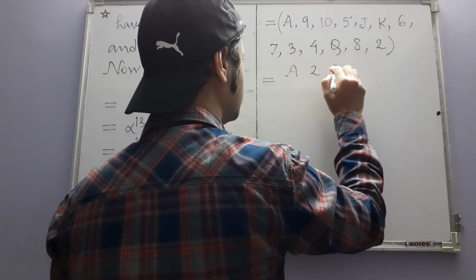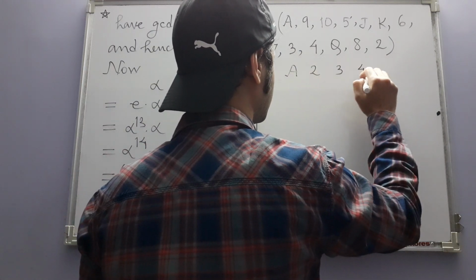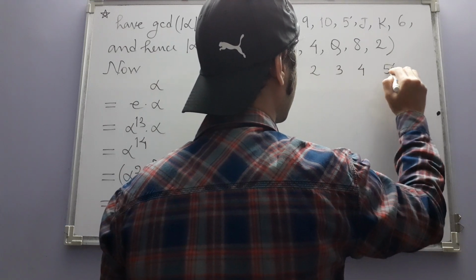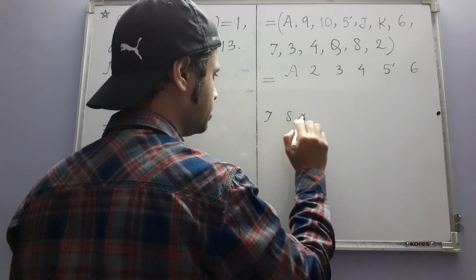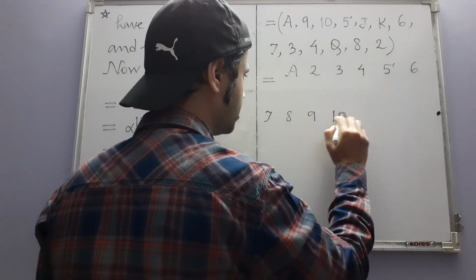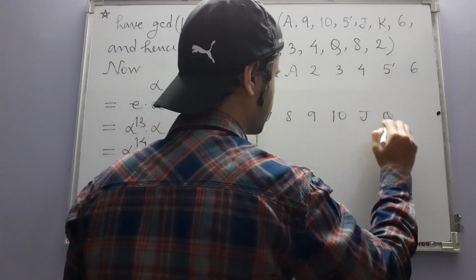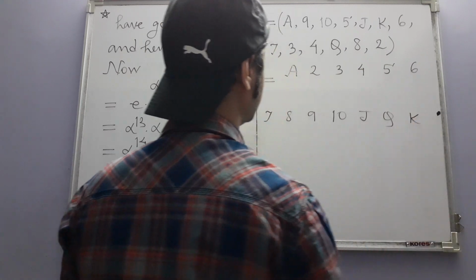A, 2, 3, 4, 5, 6, 7, 8, 9, 10, Jack, Queen, King.